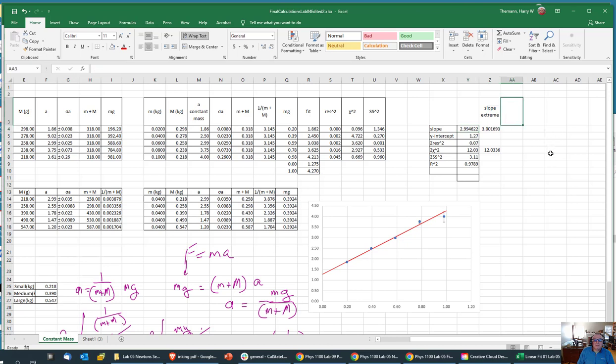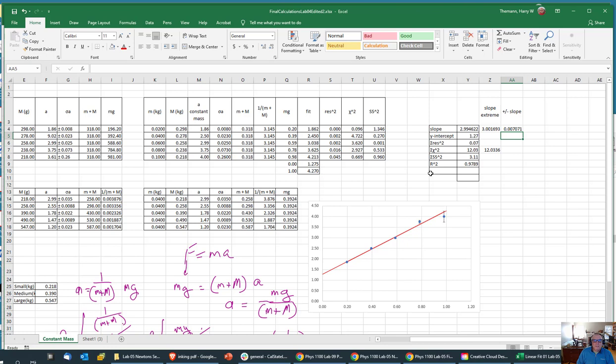Okay, so then the plus minus slope. Let's see, plus minus slope equals the absolute value. Just want to know the difference between these two. This minus that. And enter. Okay, great.